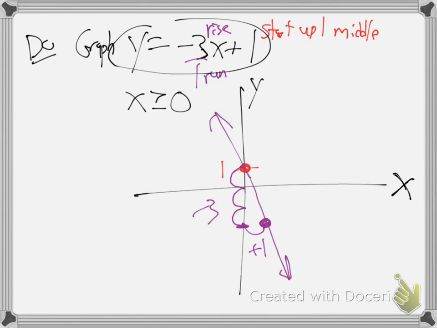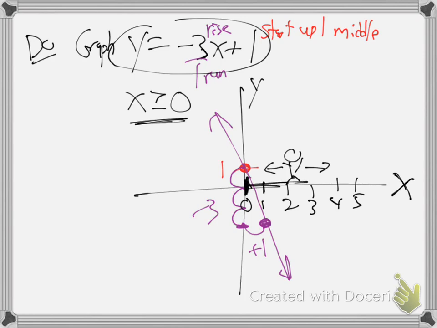They're saying, if you're a person walking back and forth on the x-axis, I only want you to graph when you're in places greater than or equal to 0. Well, where's that? This is 0 right here. Let's say 1, 2, 3, 4, 5.